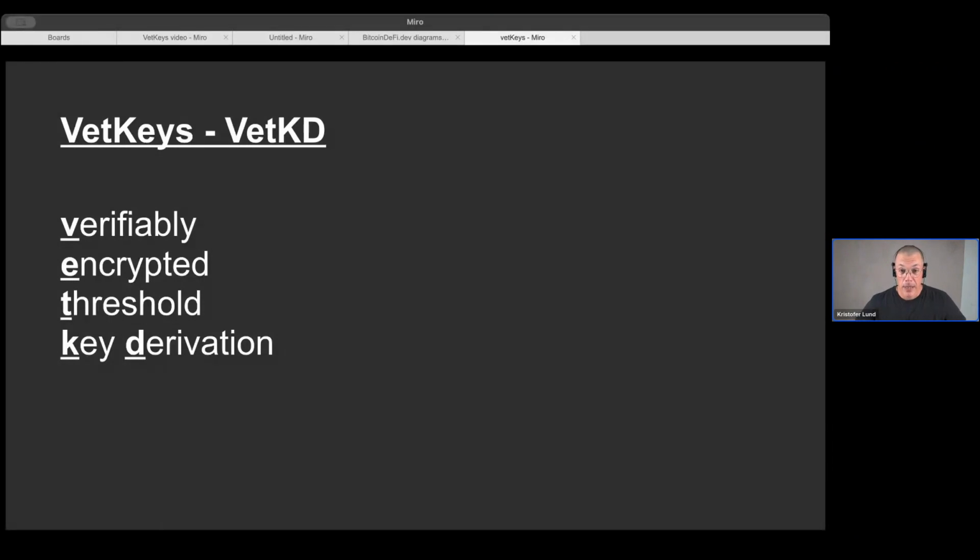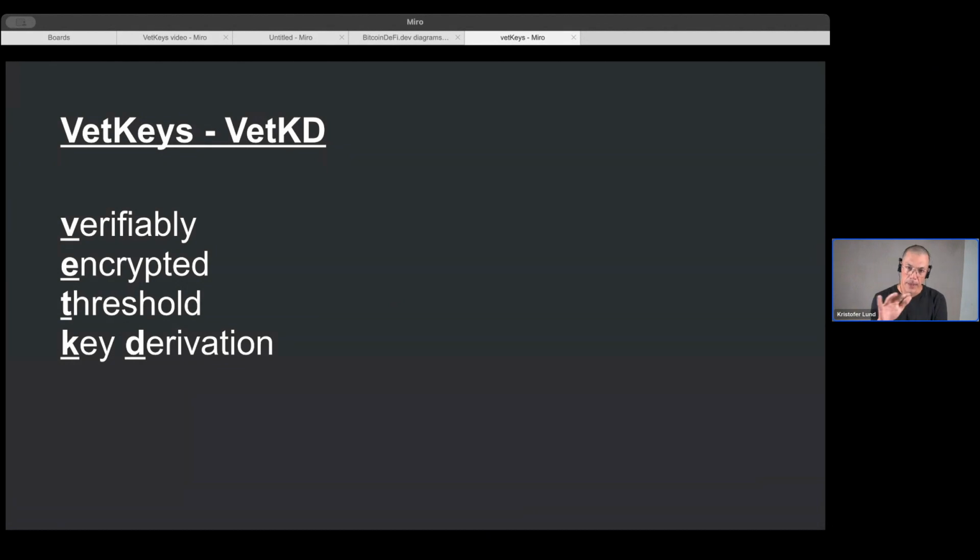vetKeys is an acronym that stands for Verifiably Encrypted Threshold Key Derivation, which is a kind of a long, complicated term, but all of those parts actually have meaning. In this presentation, we will most likely not go into code.